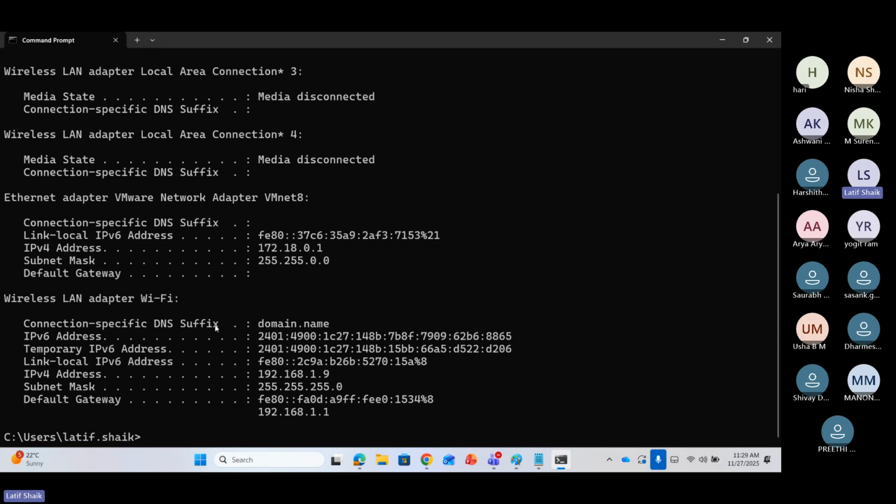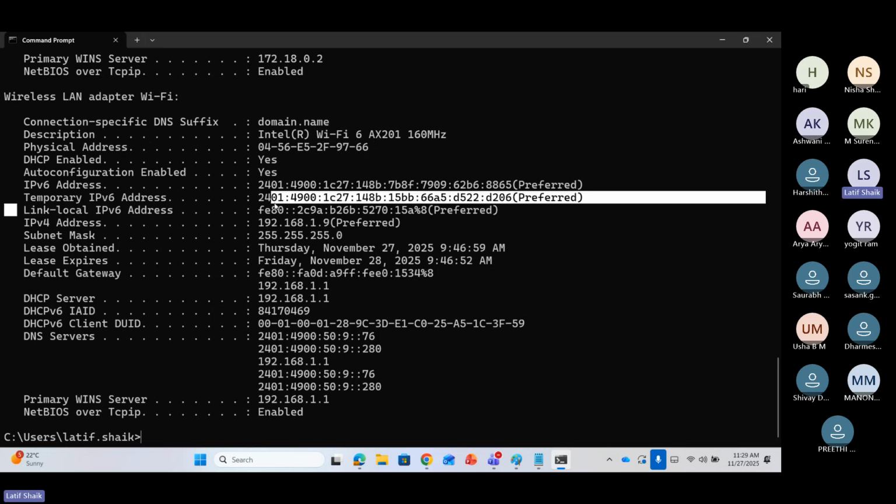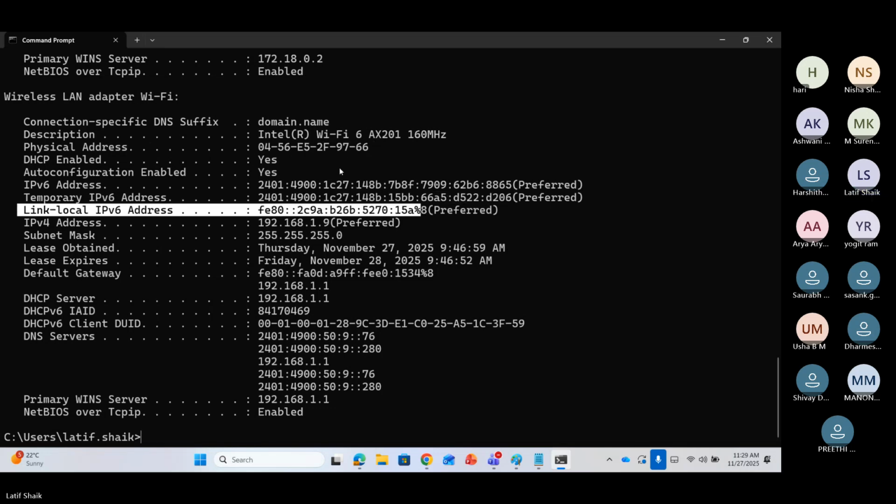Based on this MAC address, the link local IPv6 address is generated.